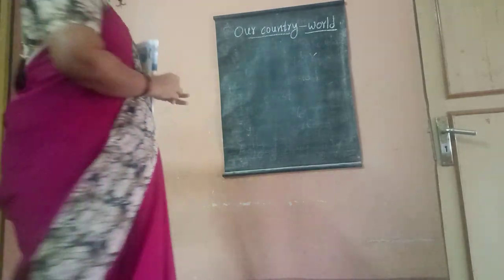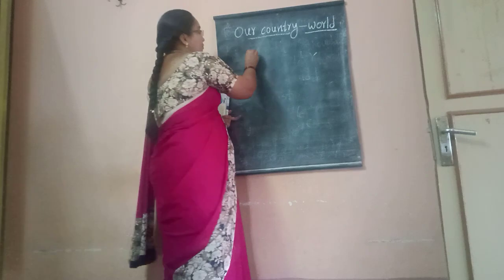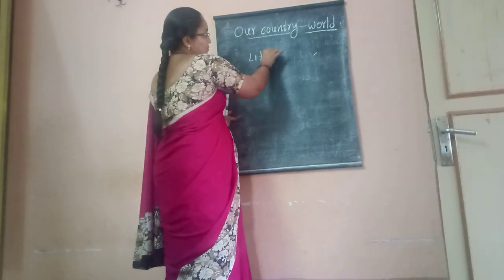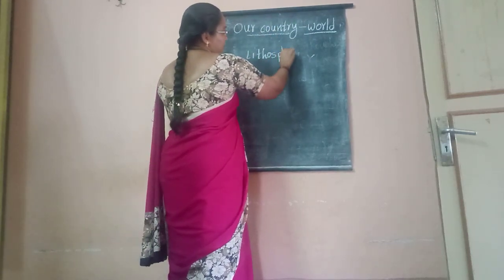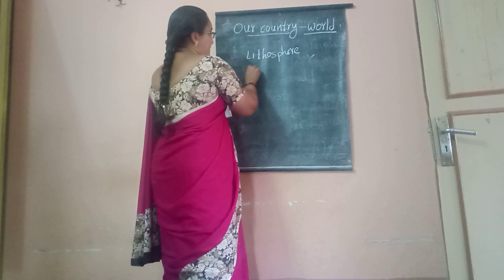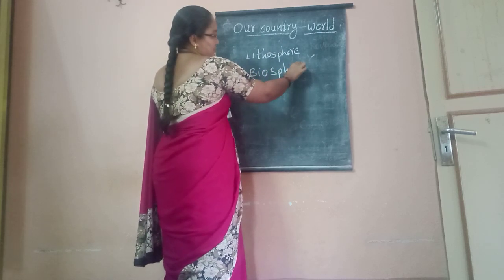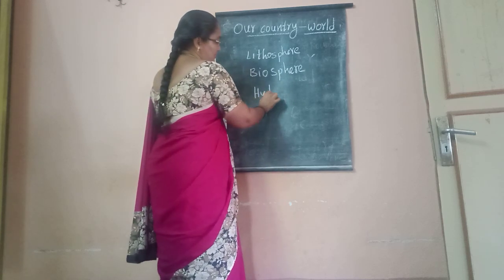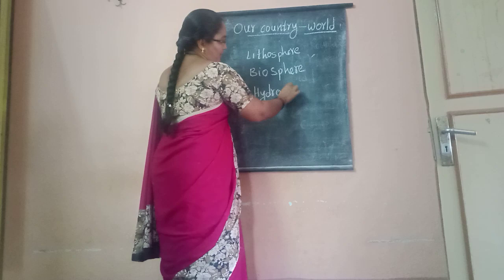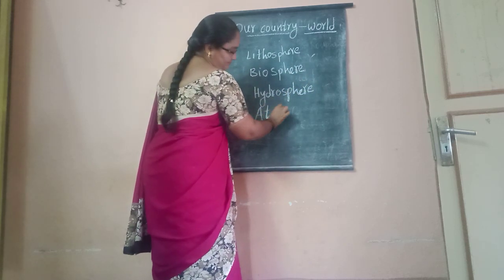Our Earth environment is mainly divided into 4 spheres: lithosphere, biosphere, hydrosphere, and atmosphere.